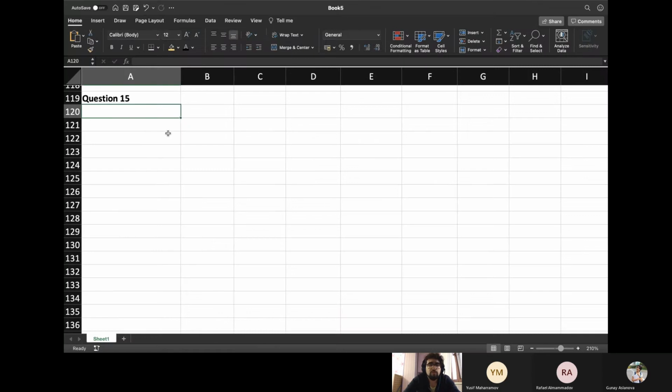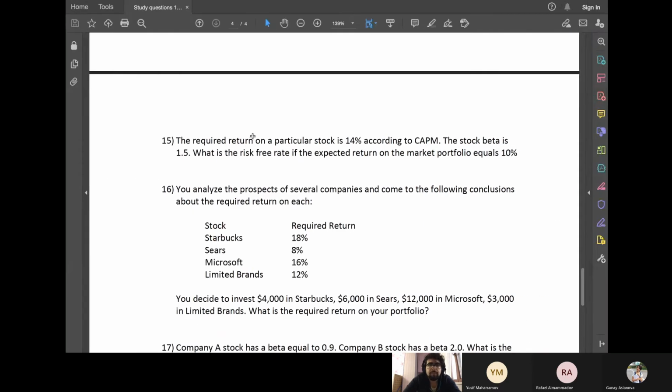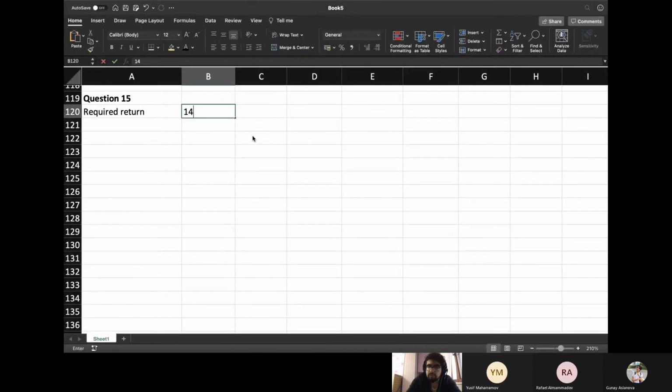So the stock required return is 14%, beta is 1.5, market return is 10%.